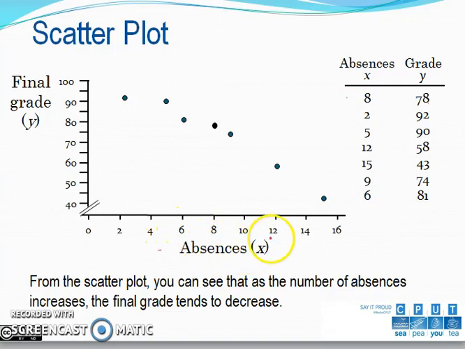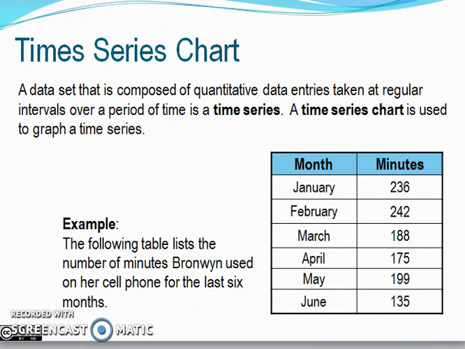And as you can see, we can immediately pick up that there is a relationship. Basically what this scatter plot is telling us is that the more days the student is absent, the lower the marks are. And so that is how a scatter plot is used. Pretty simple and straightforward, isn't it? Okay, so the next thing we're going to look at is a time series chart.